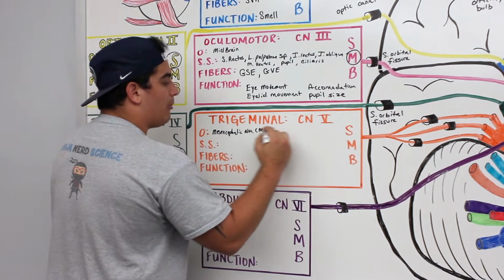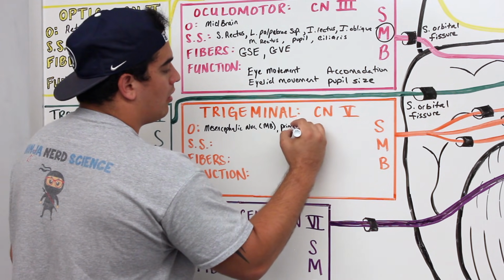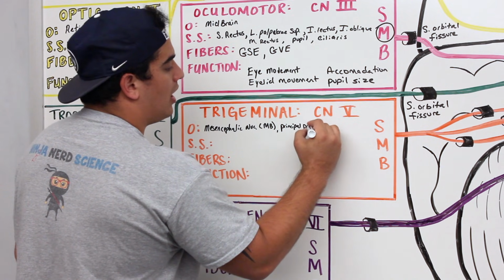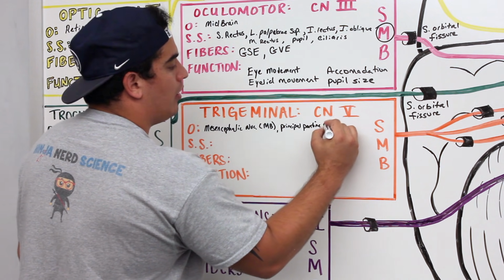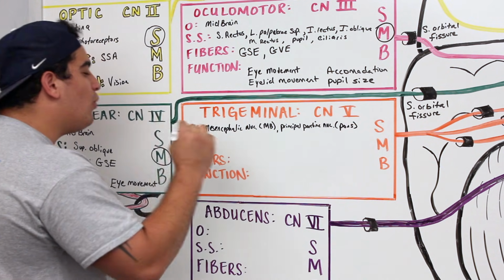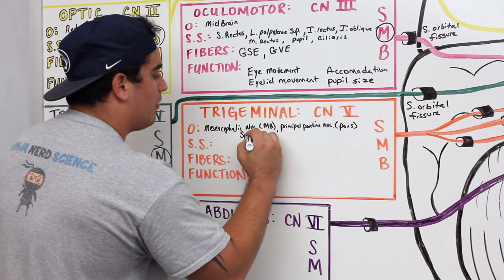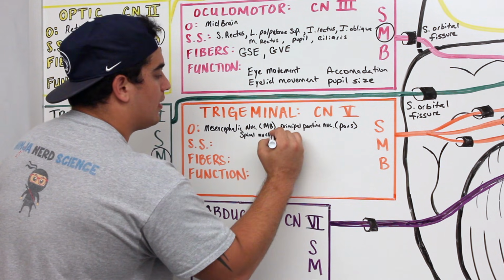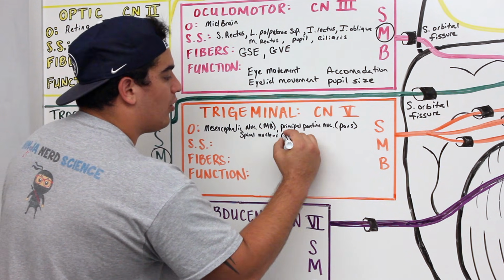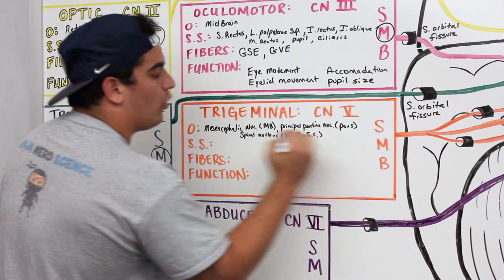If you also remember, it had what's called the principal pontine nucleus. If you remember, that was in the pons. And then it had that really, really important one, which was specifically called the spinal nucleus, right? And that one was located within the medulla and even a little bit within the spinal cord.